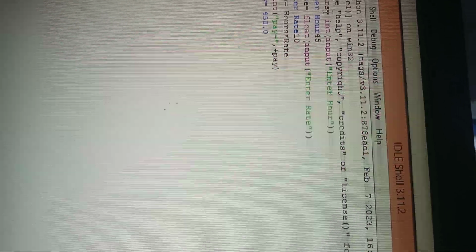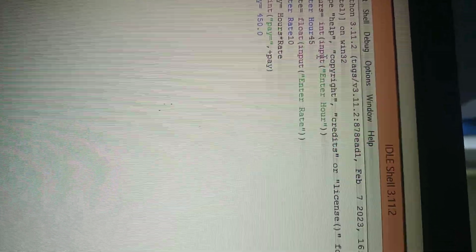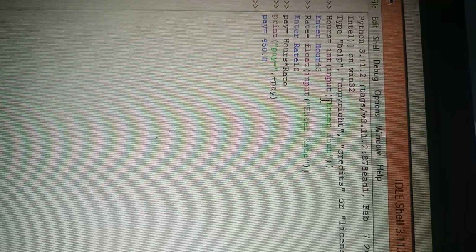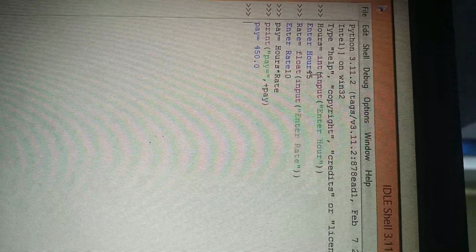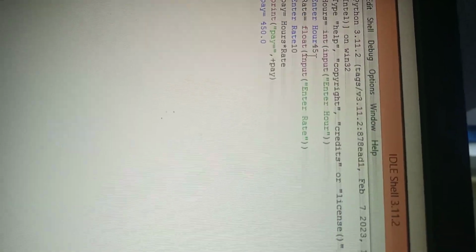I entered in the hours, which were, I said the hours equals input. Then when I input from the keyboard, enter hours, then you enter the 45 hours that were given in the question, and then the rate, I would say float input from the keyboard.